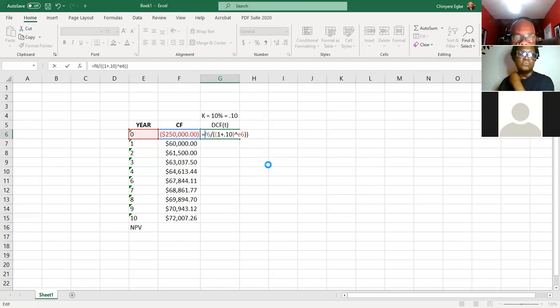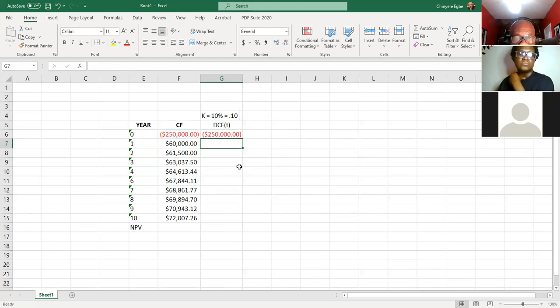So we divide the cash flow for the period by 1.1 to the power of the time period.